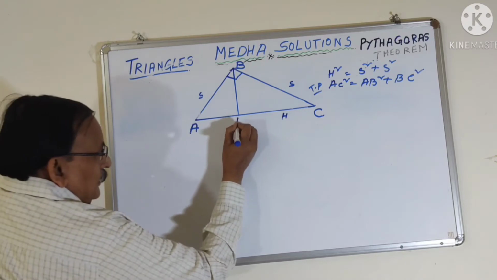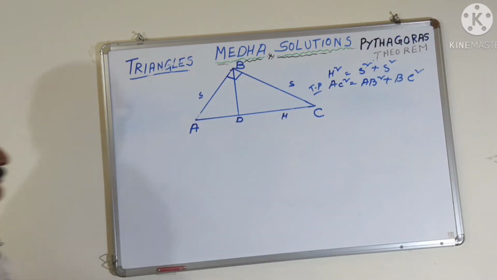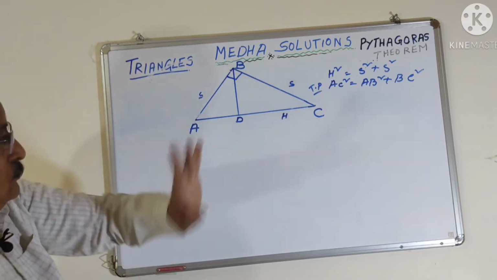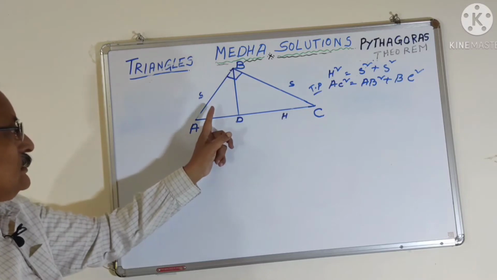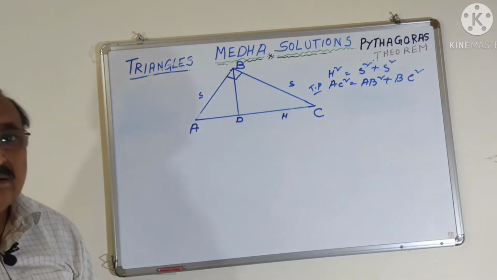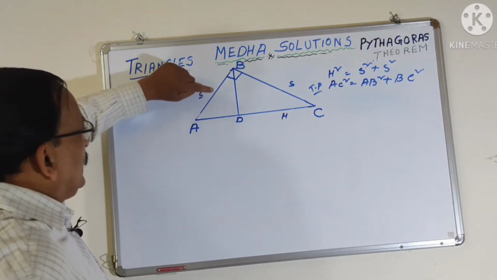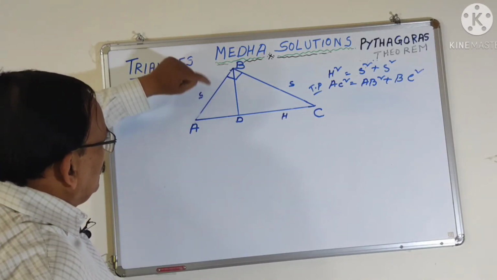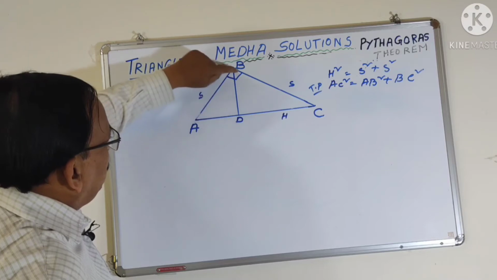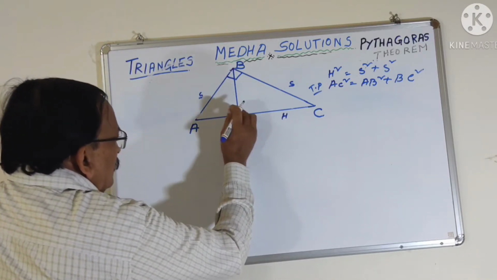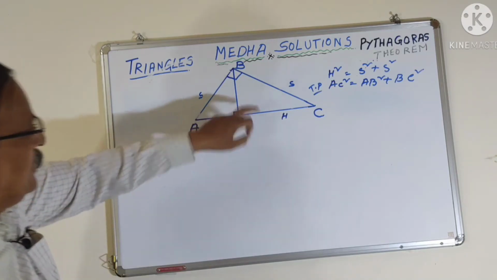This point is called D. Now see, there are three triangles here: one bigger triangle and two small triangles. Now we have to prove, first, this triangle ADB. Because the altitude means here 90, here also 90. So this angle is 90.